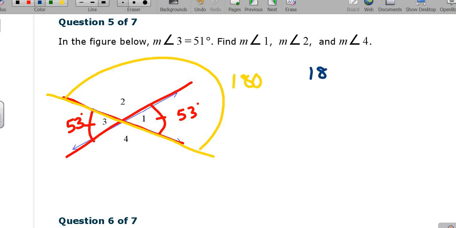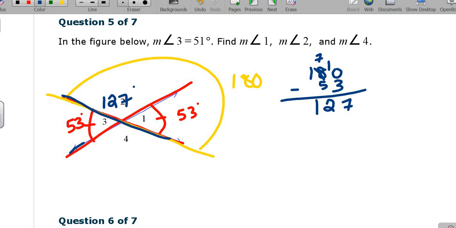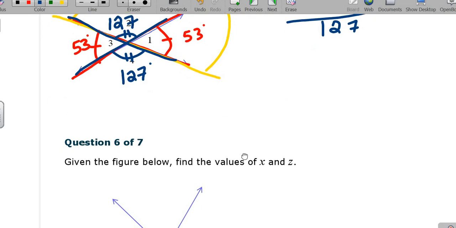So we're going to go 180 minus 53. So we get 127 here. Once again, you have a pair of vertical angles. That means angle 4 is also 127. So for this problem, you're looking for linear pairs and vertical angles.